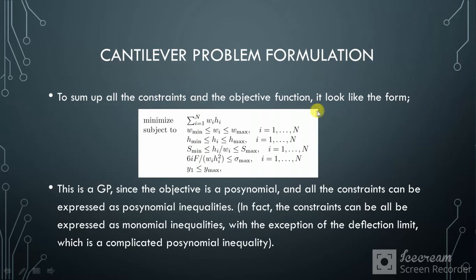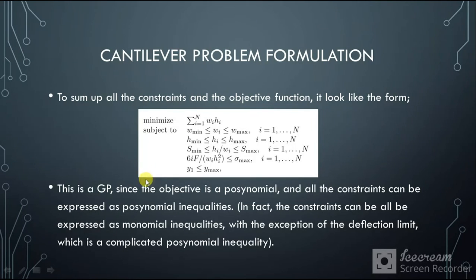We minimize the volume having only two variables, width and height, subject to some constraints on width, height, aspect ratio, maximum allowable stress, and on the maximum deflection.